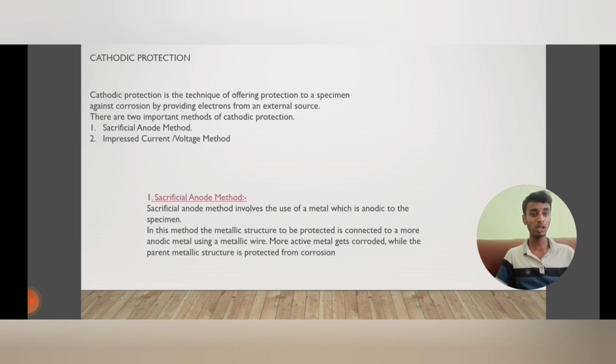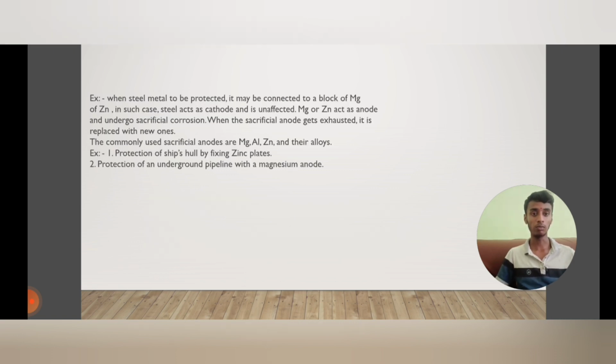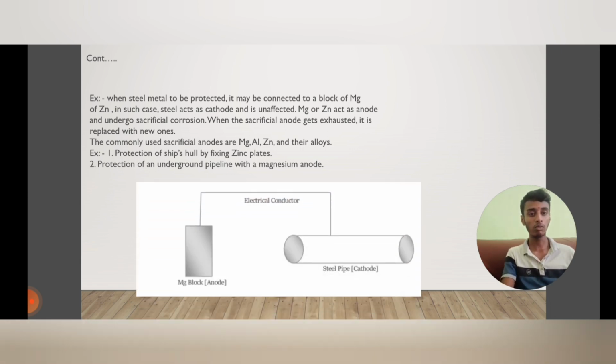The more active metal gets corroded while the parent metal is not corroded and gets protected. For example, if you take a steel pipe, you connect a metallic wire to it and connect it to a more anodic material like zinc or magnesium, so that the zinc or magnesium acts as the anode to the parent metal and it corrodes, and the parent steel metal will not be corroded. In this diagram, you can see how this process is made.